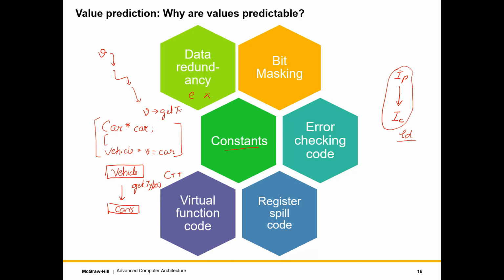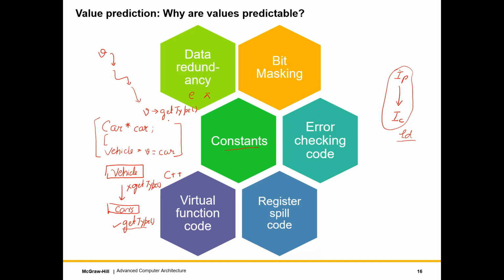Mind you, we are calling get type on a pointer to vehicle. But what will magically happen is that the car will also have defined a get type function, and instead of this function being called, actually this function of the car will be called, because this vehicle is actually a car. Even though in the entire code we are using vehicle star, this function will get called, and this is a virtual function.